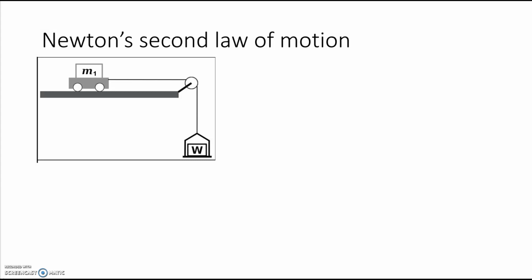Now, Newton's second law we looked at in the first slide. But suppose we've got a trolley that has, well, let's do the mass. The mass has a 1 kilo mass. There's weight hanging down here. There's a pulley here. And there's a trolley sitting on a bench. And there's a string that's attaching them.